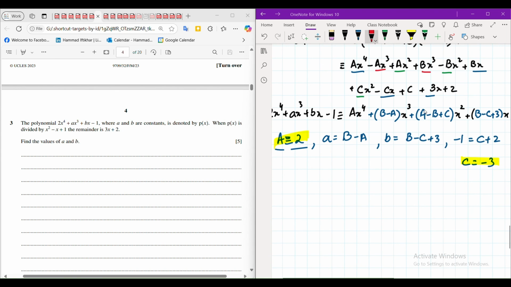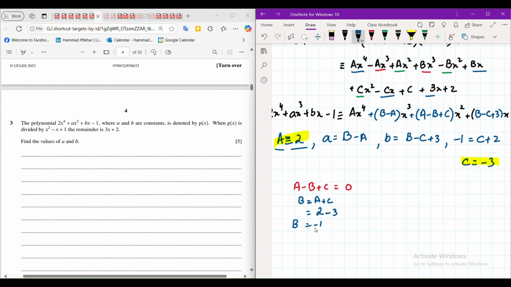One thing which we did not write over here is that the x^2 term is 0, which would mean that A - B + C is equal to 0. So this is also a valuable piece of information. We have found A and C, so we can find B very easily. B is equal to A + C, so that is 2 - 3, which is equal to -1. So B is equal to -1.